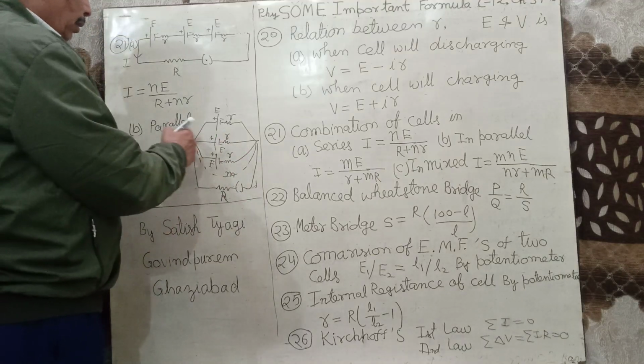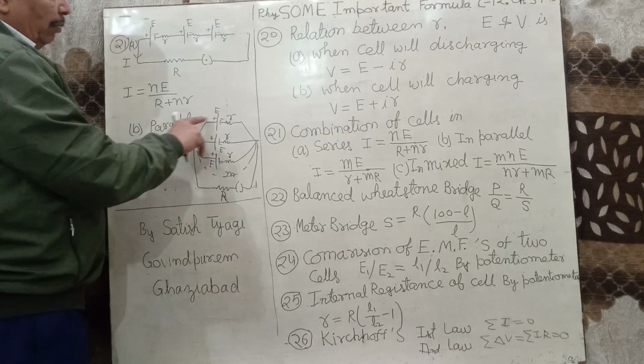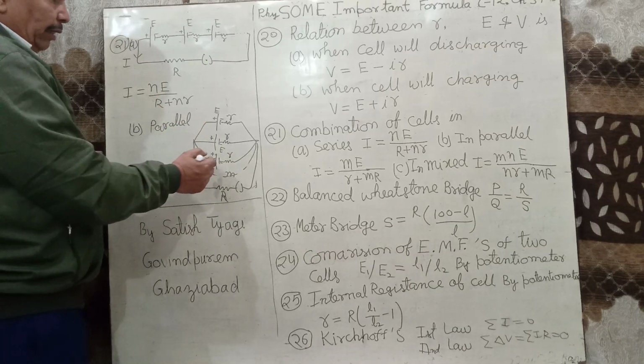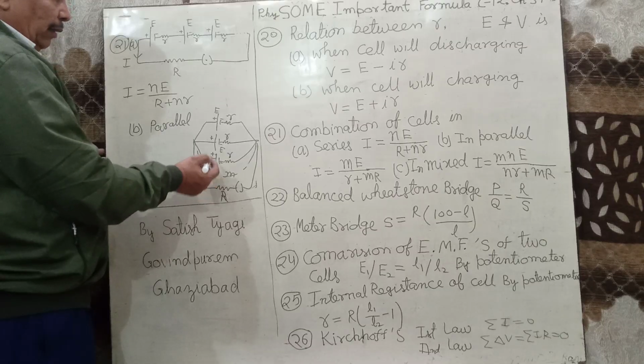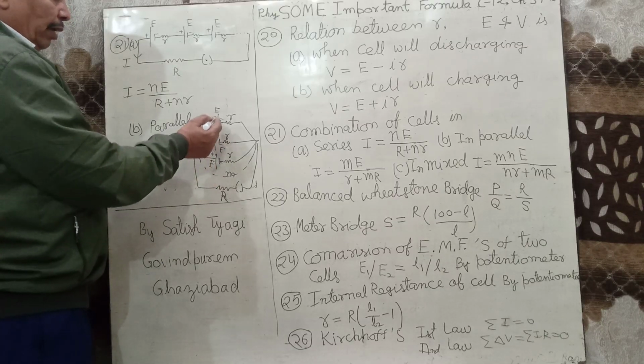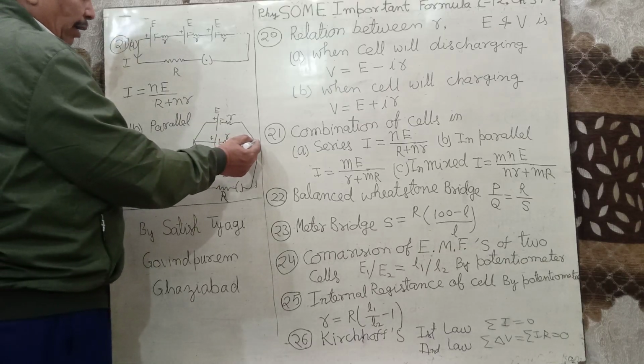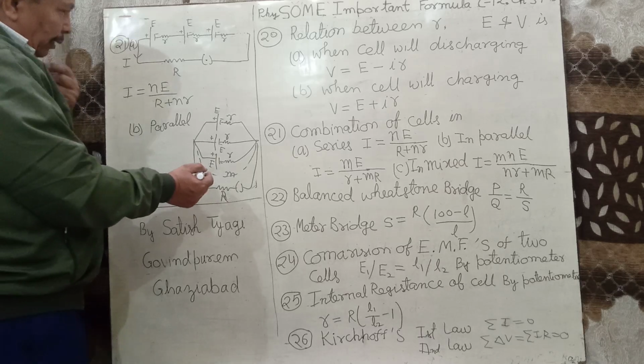This is the circuit of the parallel combination of cells. We know that in a parallel combination, the positive terminals of each cell are connected at one point and the negative terminals are connected at another point.